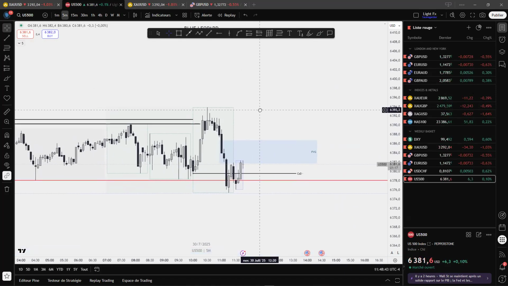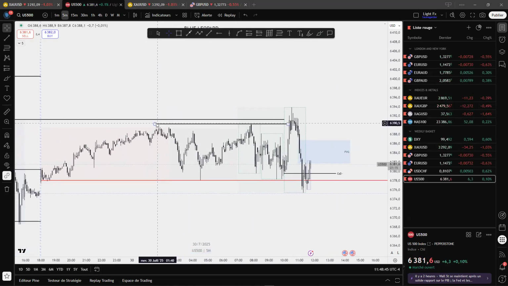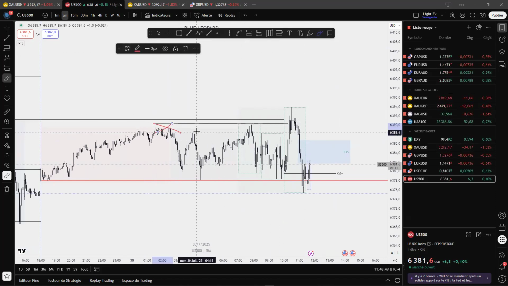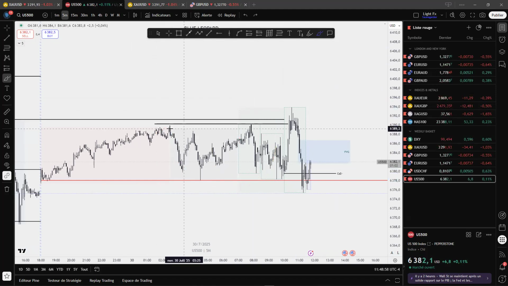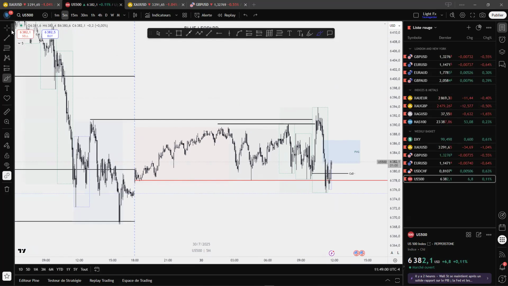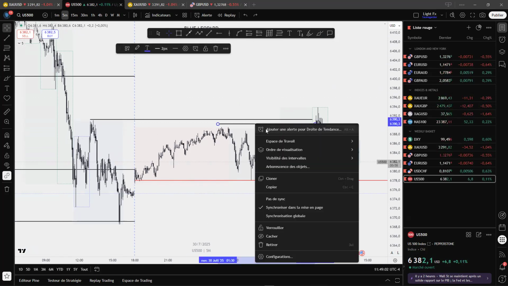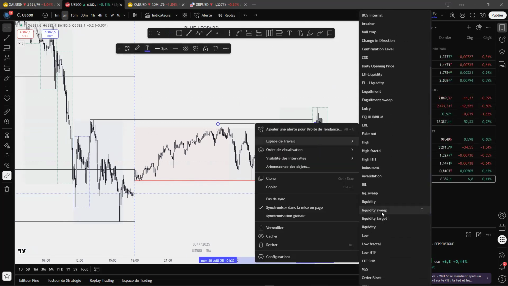So now you see how price has taken out the Asia high, taken out London high. This gray zone is the London one, okay? Until here we have another zone, okay? So we have Asia and London high taken out. So this for me is a sweep, the liquidity sweep.